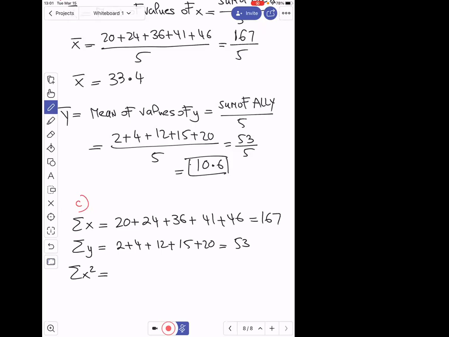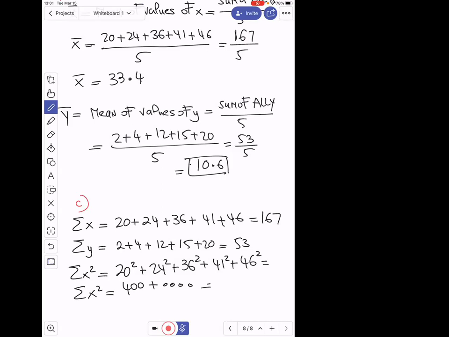The first value of x is 20, so that's 20 squared plus 24 squared plus 36 squared plus 41 squared plus 46 squared. And 20 squared is not 20 times 2, that's 20 times 20, that's 400, etc.